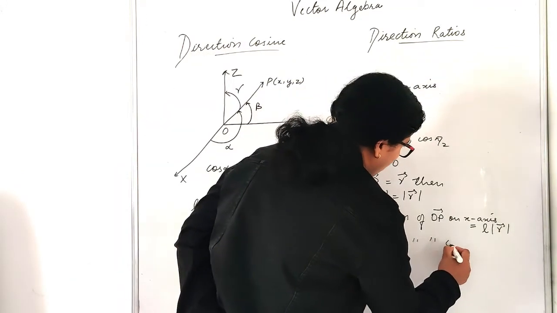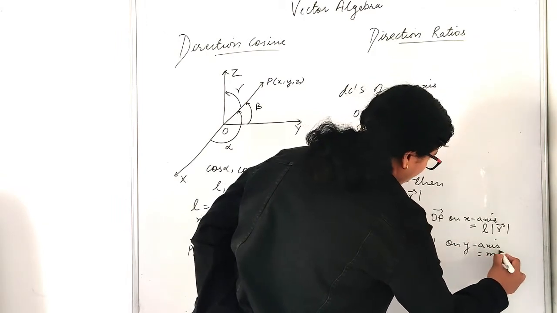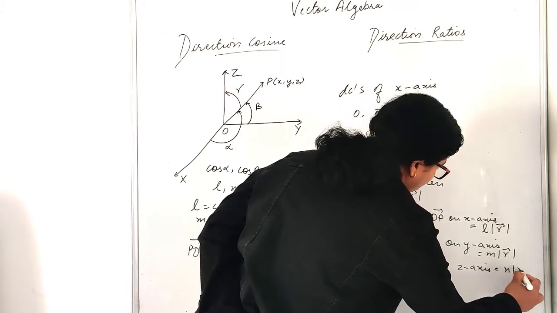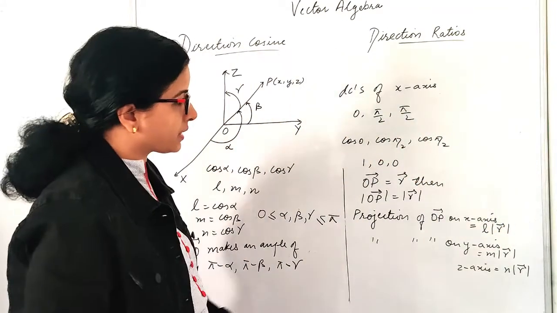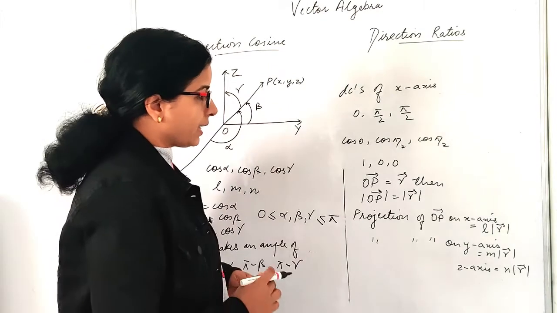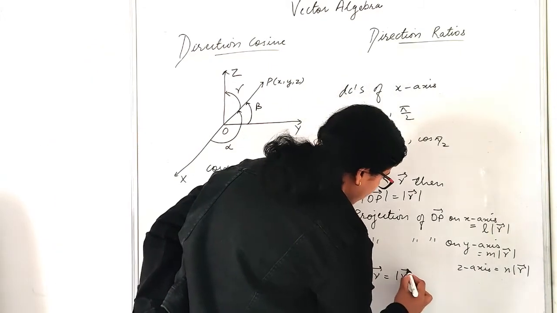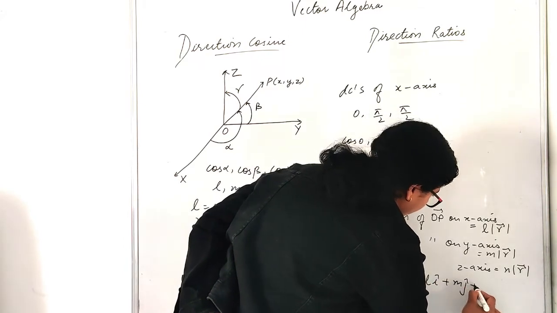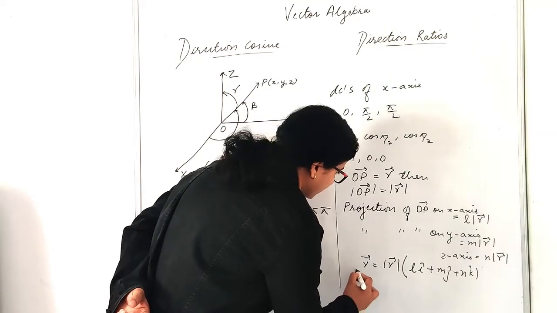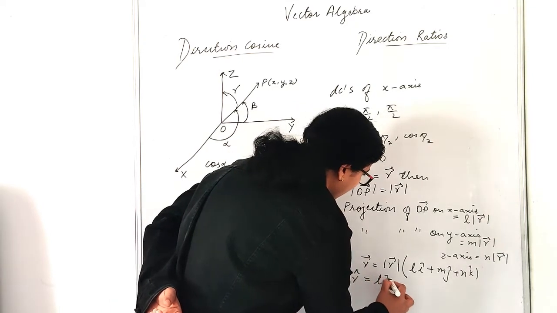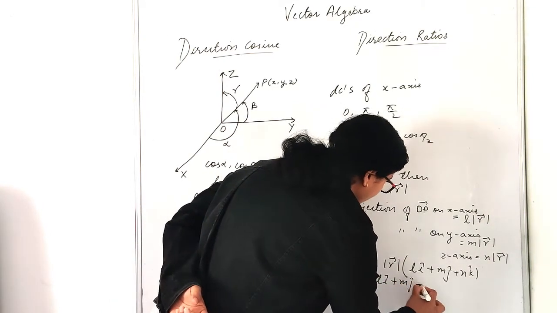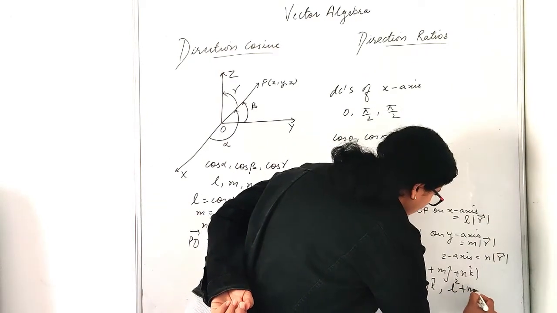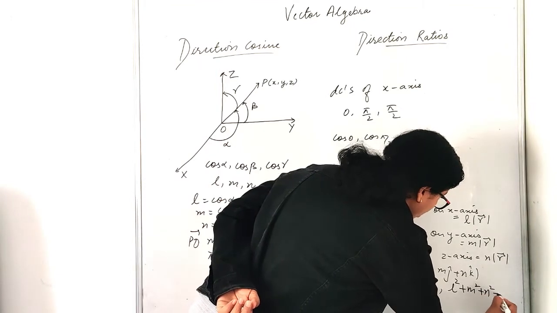The projection of OP on the y-axis will be M times the magnitude of R vector, and on the z-axis it will be N times the magnitude of R vector. Is that clear? Now we can write R vector equal to magnitude of R times (Li plus Mj plus Nk). So we can say R cap is equal to Li plus Mj plus Nk. Moreover, we can write L square plus M square plus N square equals 1.